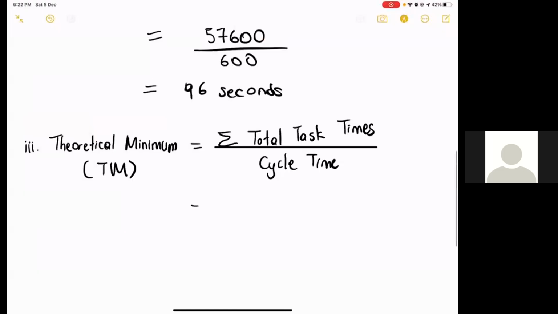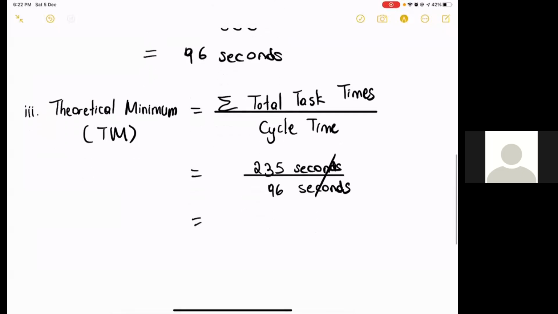So that's equal to 235 seconds. And then we know that our cycle time, because we just calculated that, is 96 seconds. The seconds cancel seconds, people. Then that is 235 divided by 96.